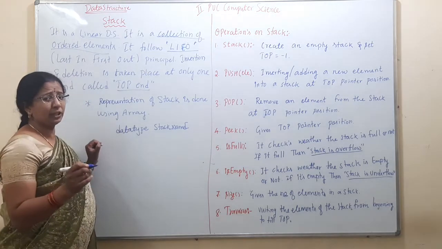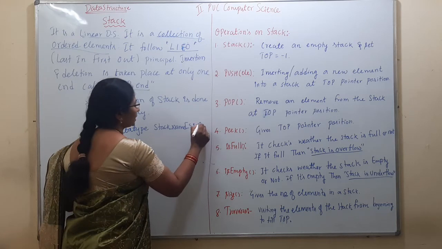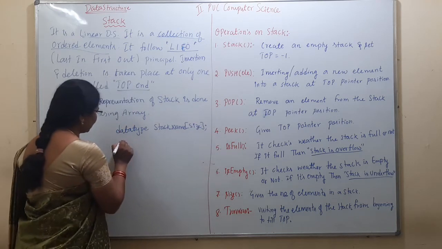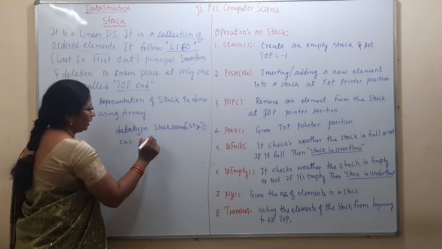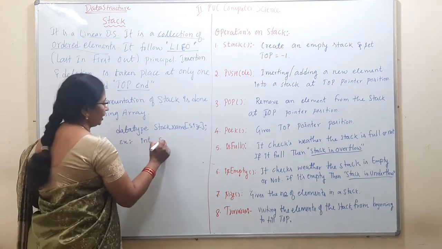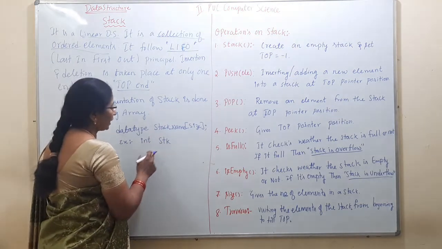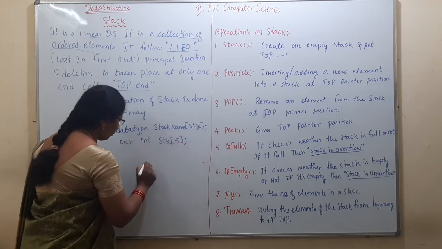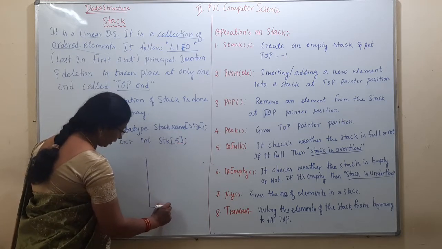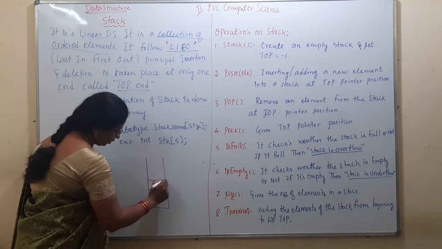Stack is implemented using a one-dimensional array, and you need to give the size of that. For example, the data type may be any data type. Here I am taking integer, int stk of 5. Then 5 memory locations are created in the stack: 1, 2, 3, 4, 5.